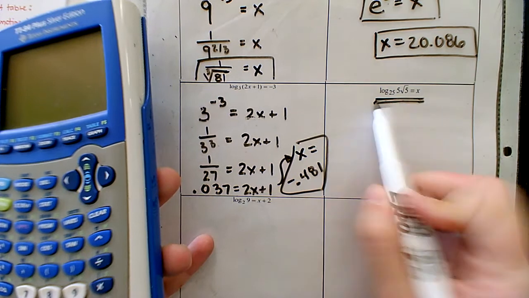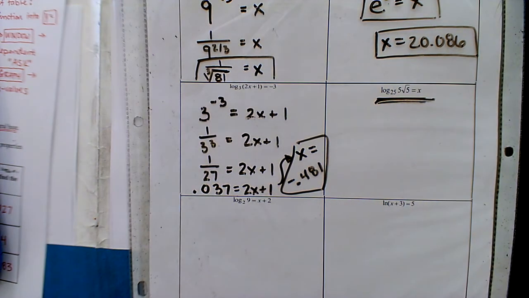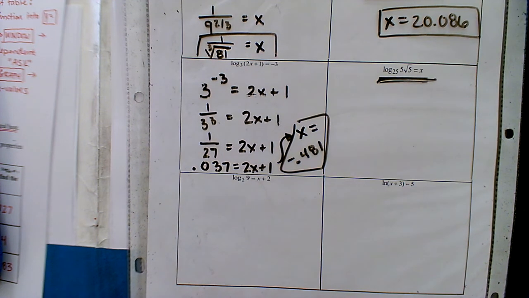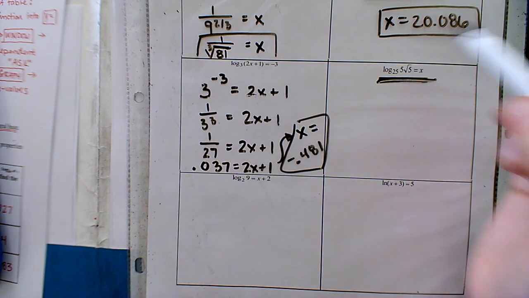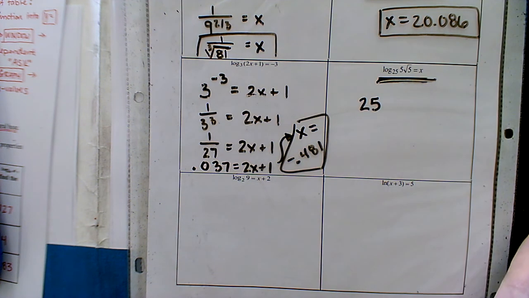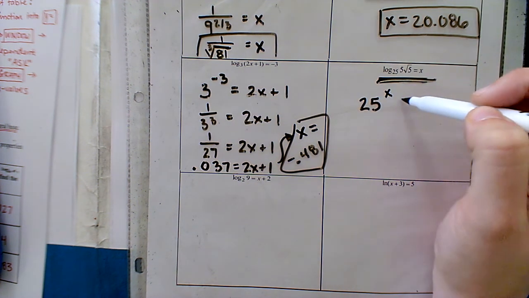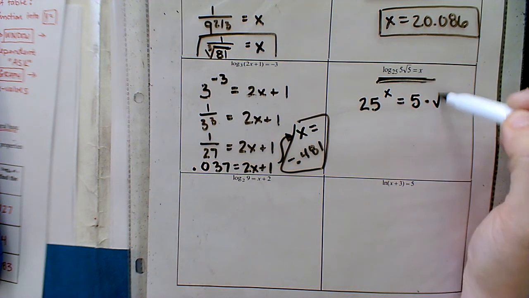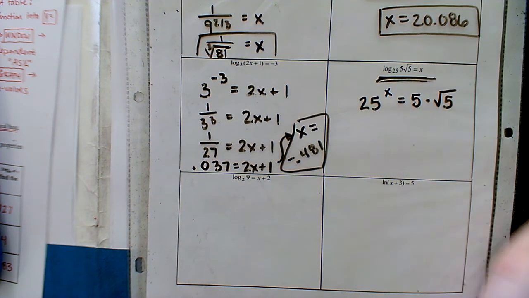All right, how about the next one? Can we convert it? Our base is 25. Our power is x, and this equals 5 times the square root of 5.